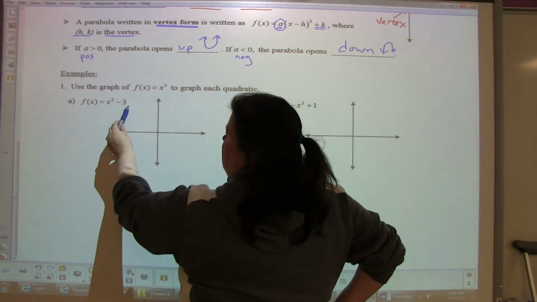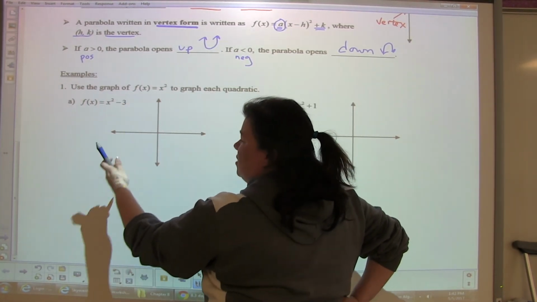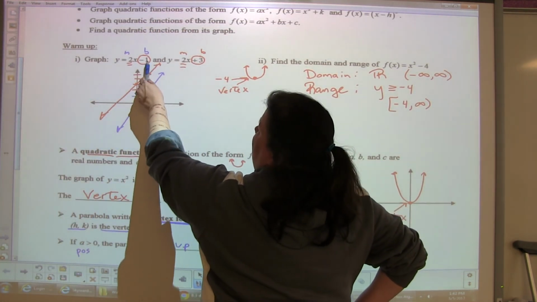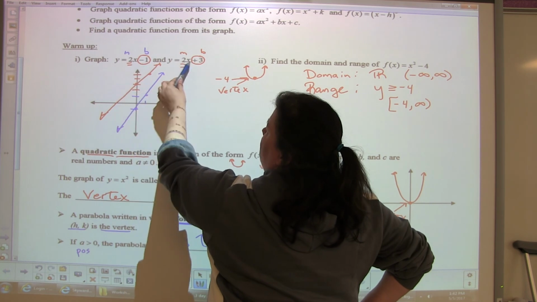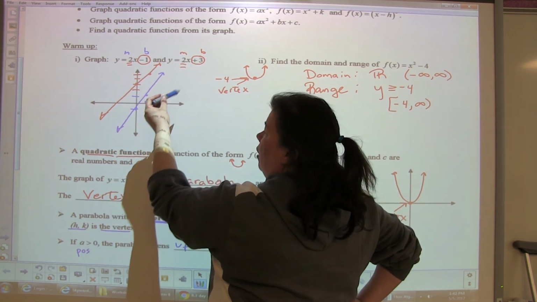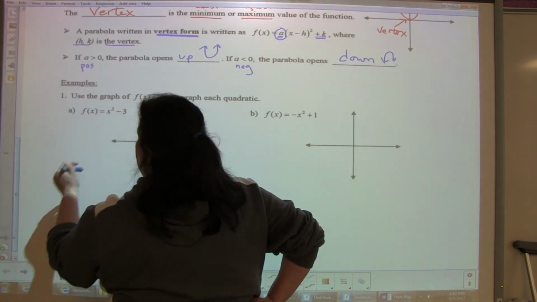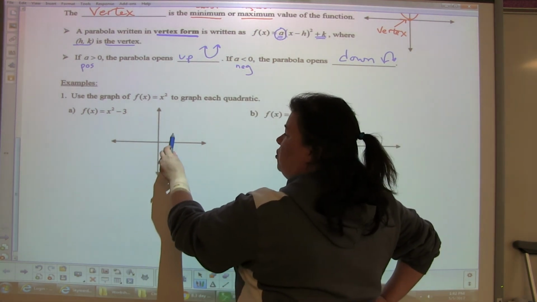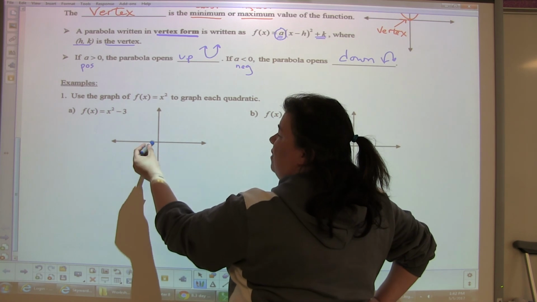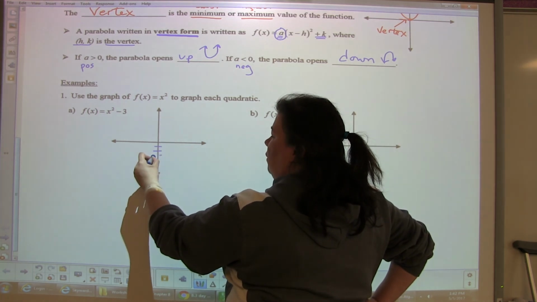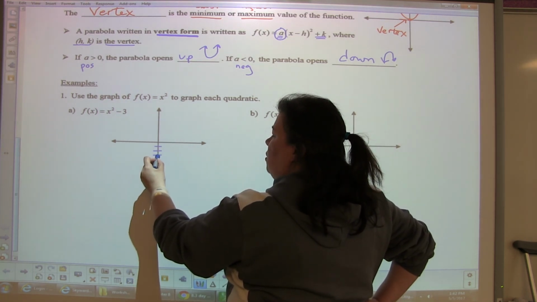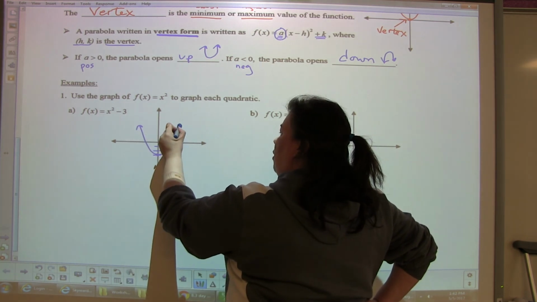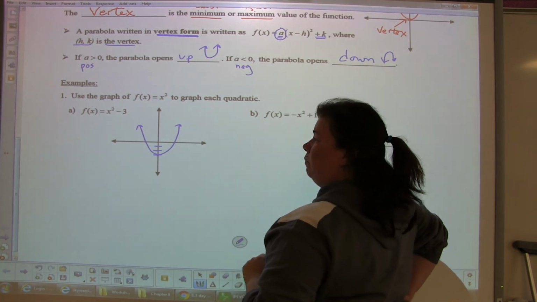Notice that this minus 3, just like our linear equation, is not attached to the x, and it tells us we're going to move down or up. Because this is minus 3, that tells me we're going to take our normal U-shaped graph and move it down 3 units. So all we're going to do is make a U-shape starting at our y value of negative 3.